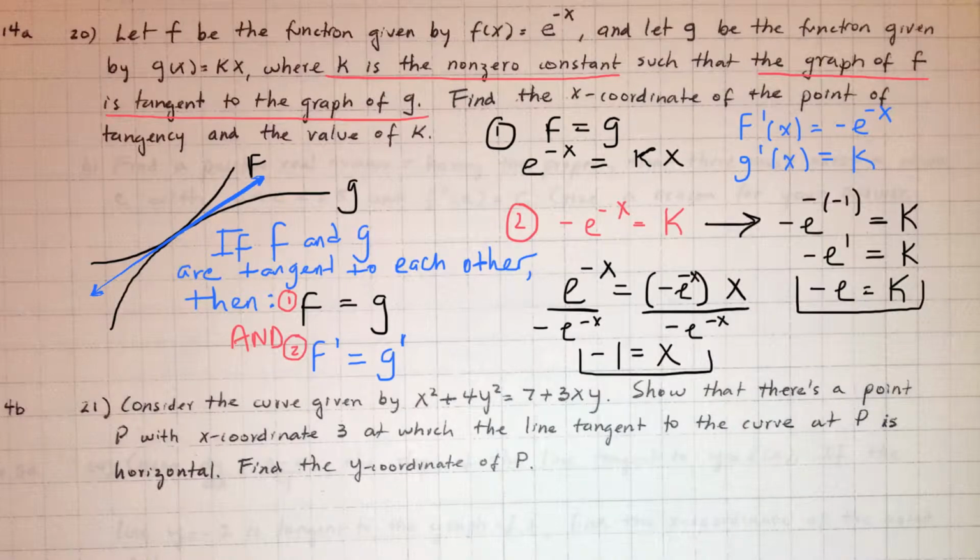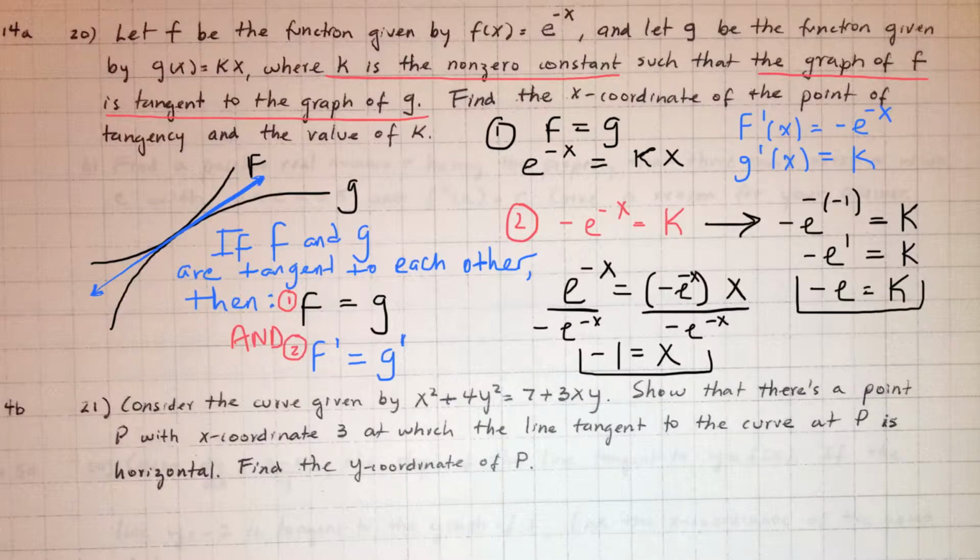What I want you to keep in mind is this statement, very powerful statement. If f and g are tangent to each other, then f has to be equal to g. That just means they intersect each other. And f prime has to equal g prime. They have the same tangent line. Okay?